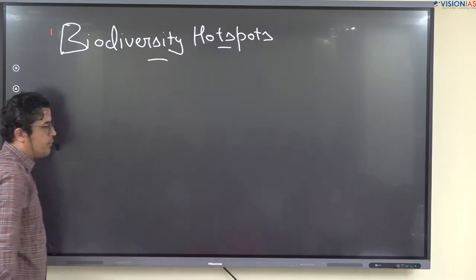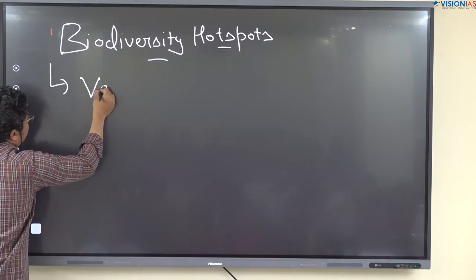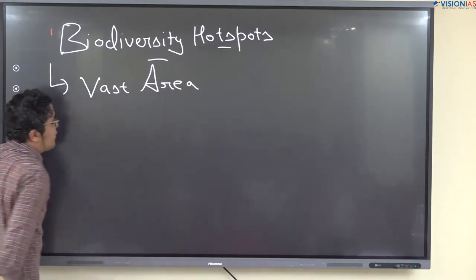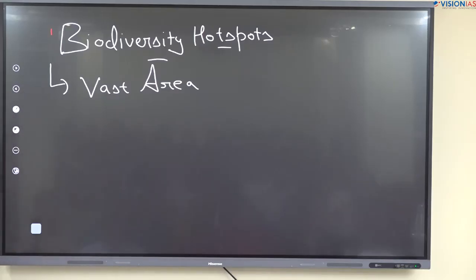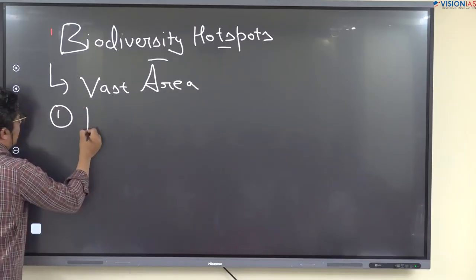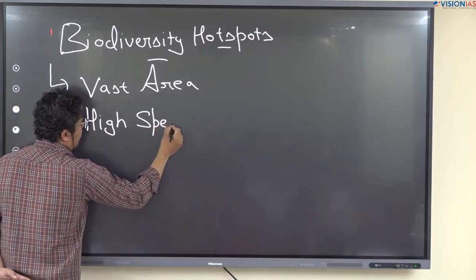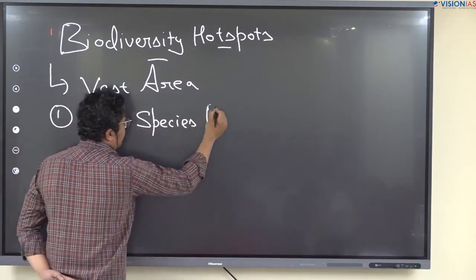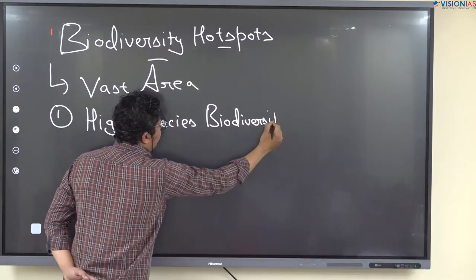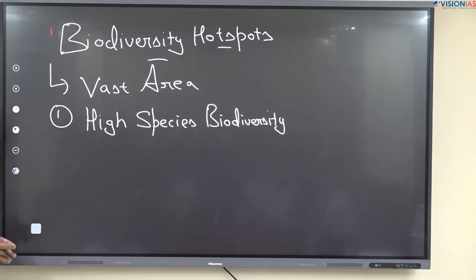Biodiversity hotspots. What are biodiversity hotspots? They are a large area, vast area, very big. It has got three characteristics. You will find so many species there. It has high biodiversity, high species biodiversity.